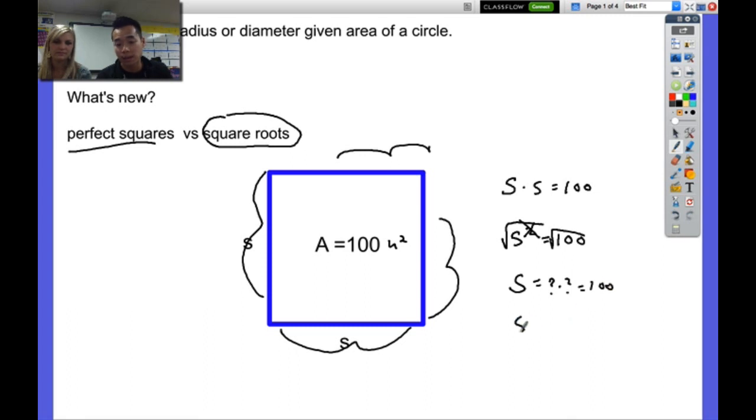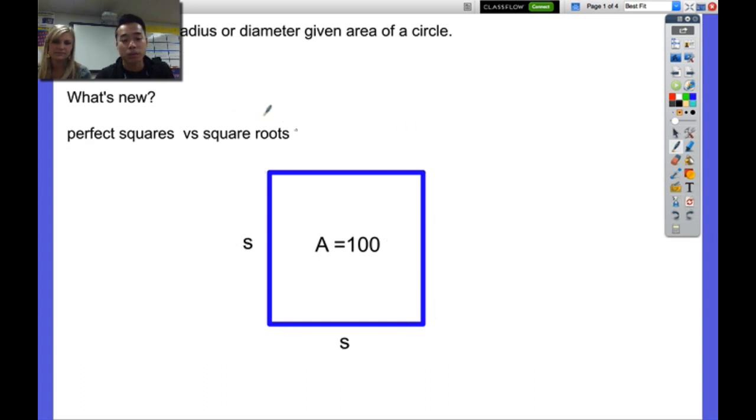In this case, 10. So we know that 10 times 10 is equal to 100. So when you have s squared equal to 100, we're trying to find 2 identical numbers multiplied together that equal 100.